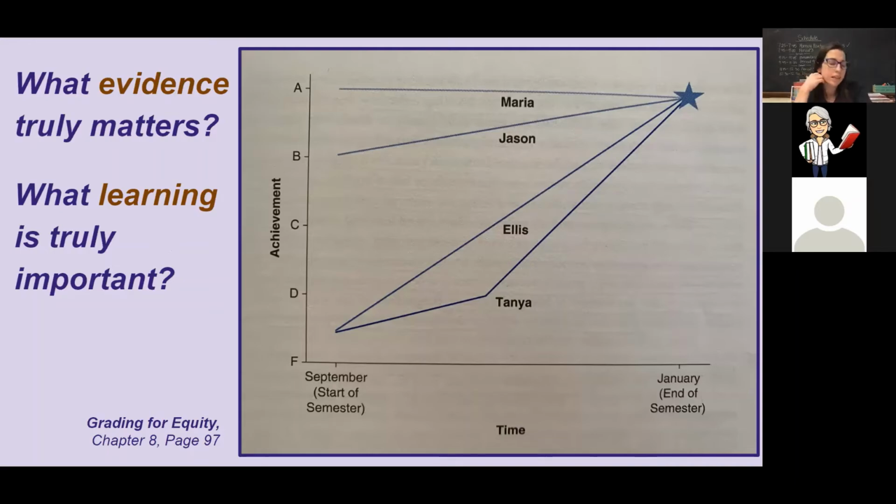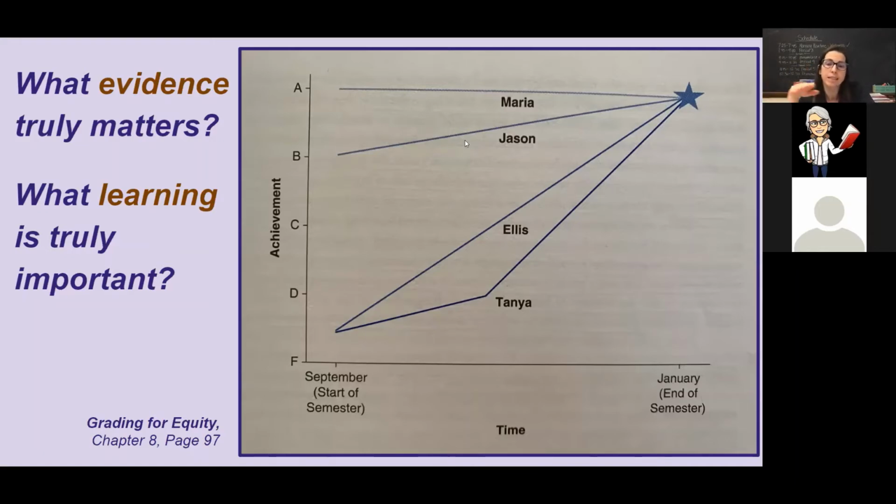If we look in the book on page 97, he talked about these 4 different students and how they all started at different places. Ellis and Tanya didn't come in knowing the material, and Jason and Maria were very comfortable with it.